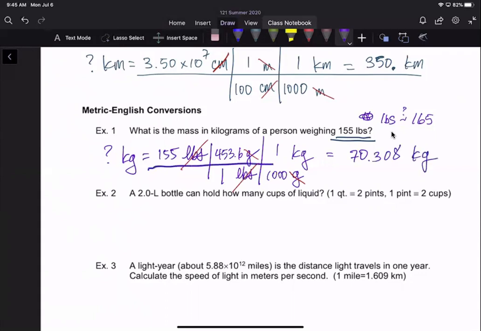I lost my line there. And that has 3 significant figures, so I will underline the 3, and if I'm going to round that, that will be 70.3 kilograms.